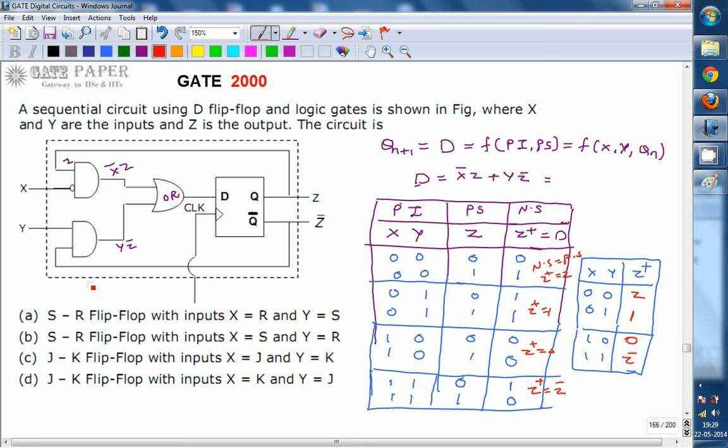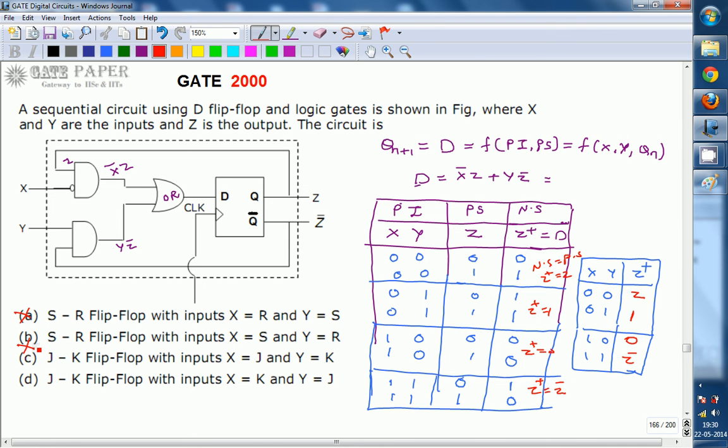So out of these four options you can skip A and B, because SR flip flop doesn't have the 1 1 input values, so SR can be skipped. Out of C and D, it is definitely resembling JK flip flop, but whether x is J or K, that you have to check.